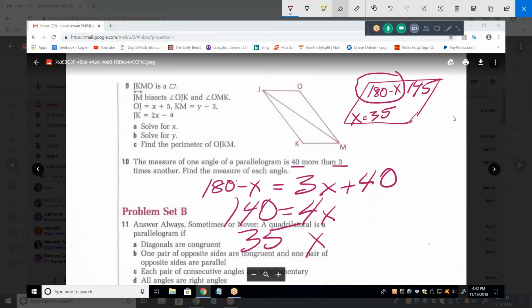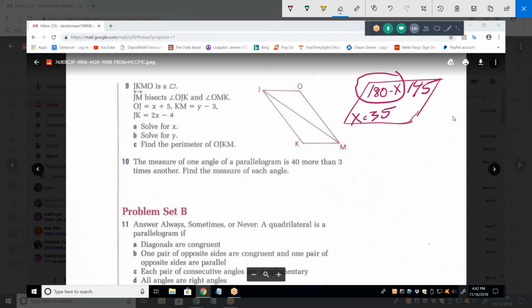Now, just out of curiosity, I won't belabor this point, but we don't have to do it the way I drew it. I could say X is the big angle. So I could say X is equal to 3 times 180 minus X plus 40.